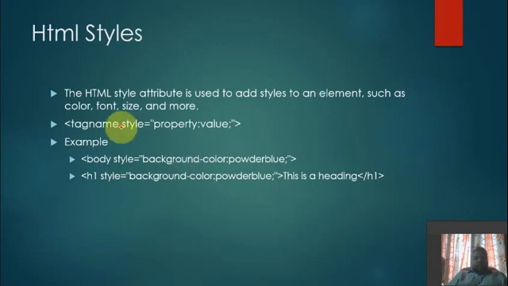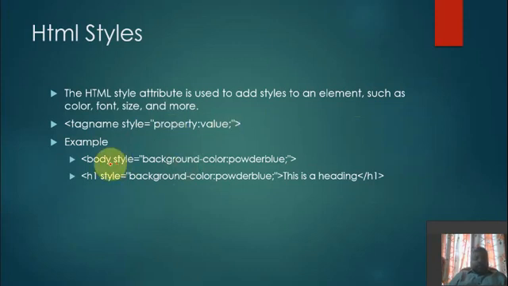Now we'll move on to styles. The HTML style attribute is used to add styles to an element, such as color, font size, and other things. For this you use the tag name and style, then the property, which can be color or others, and its value.